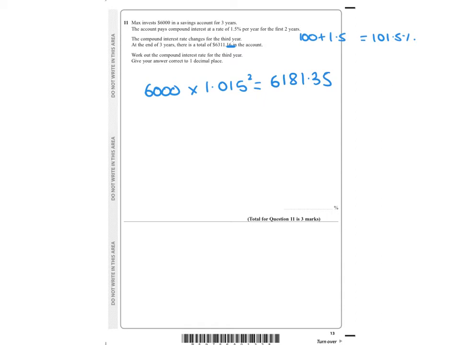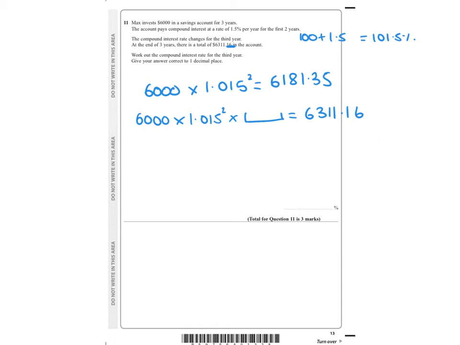At the end of the 3 years, there is a total of 6,311.16 in the account. So what would really happen in this is we'd have 6,000 times 1.015 to the power of 2 times our new amount, which is going to give us 6,311.16.